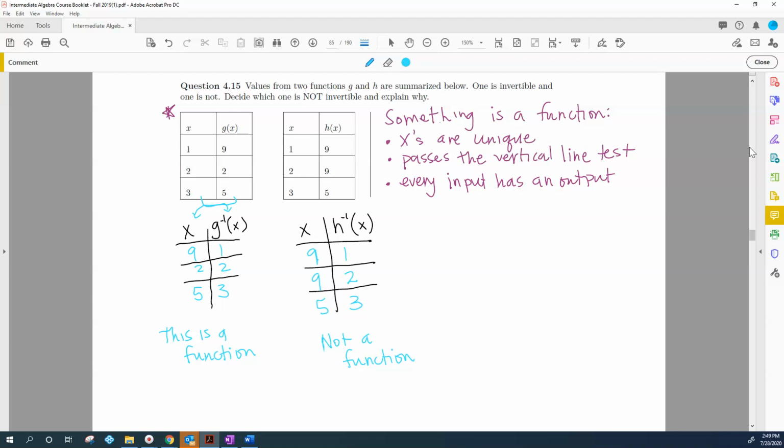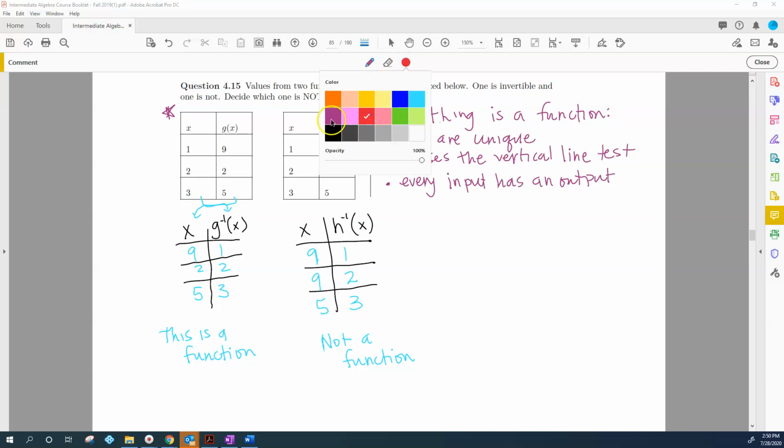So we're going to be talking about something called inverse functions, right? And with inverse functions, when you have a function like we talked about here, and we can find the inverse of the function and it's still a function, then we call those one-to-one functions.